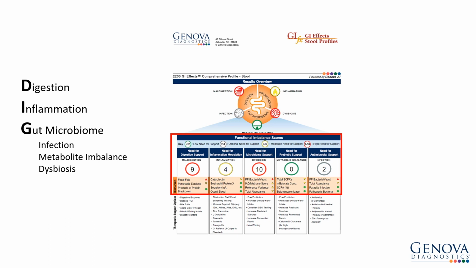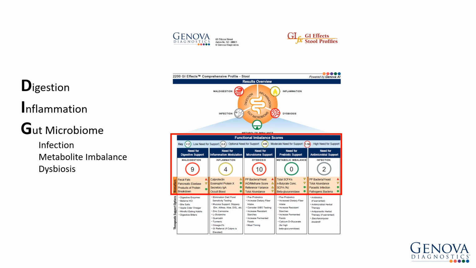In this case, we see that the maldigestion and dysbiosis pillars are red with scores of 9 and 10, and that is where we would want to focus with this patient. You can see the biomarkers listed under those scores that are part of the algorithm that triggers those scores. In the maldigestion pillar, we see that fecal fats have an up triangle and pancreatic elastase has a down triangle, indicating abnormalities with these markers.